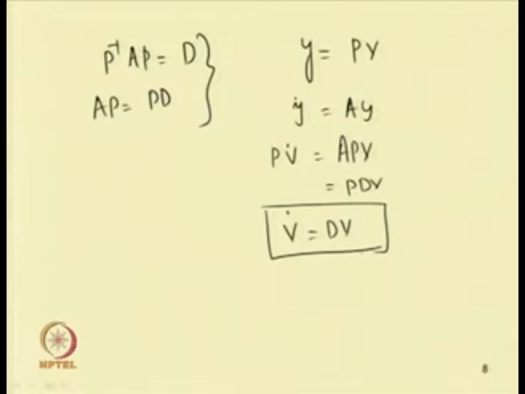So, we have V dot equal to D V, and as the lambdas are distinct, we can write the solution in a distinct form. In this case, if the eigenvalues are complex, then the matrix P will also be complex. The columns of matrix P are the right eigenvectors P 1, P 2, up to P n.